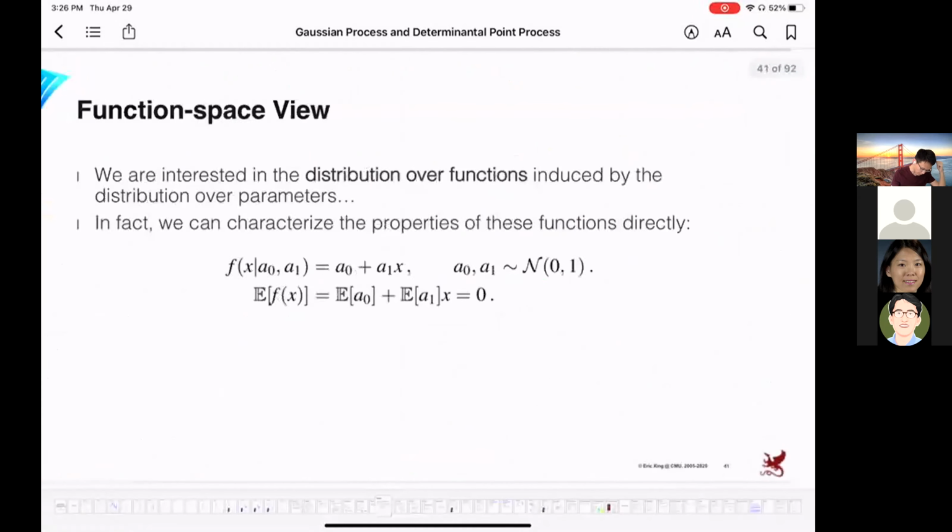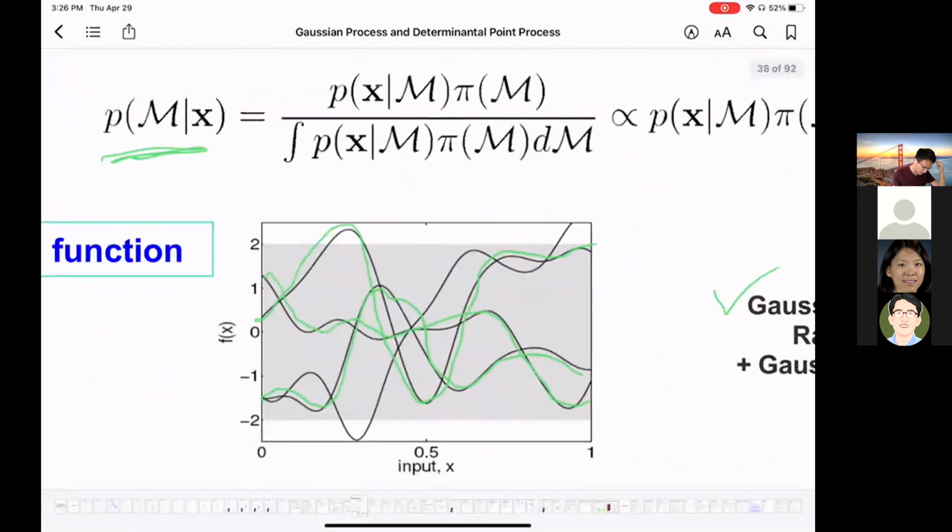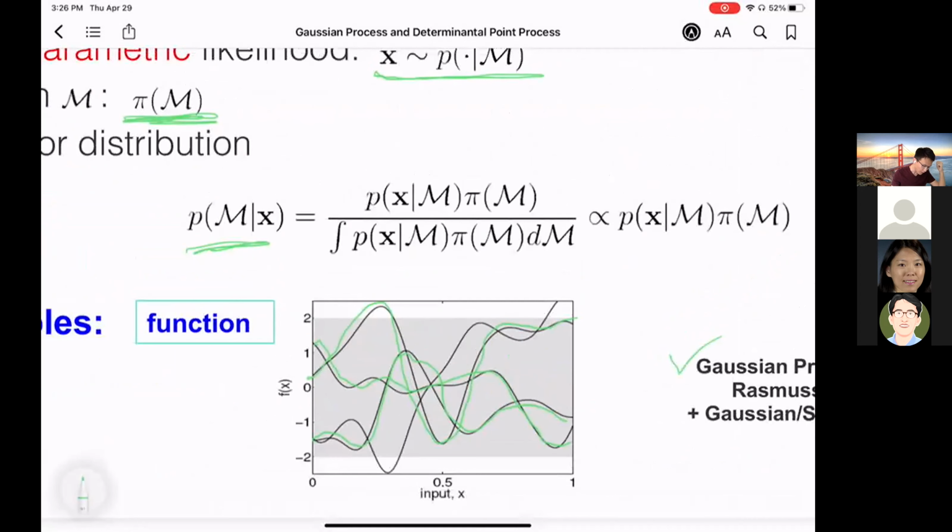If the mean function is always 0, it means the samples we draw will always be curves like this, centered around 0. If our data points are all around here, or even here, then this model will completely fail, right? It will have huge bias and never capture how the data is distributed.